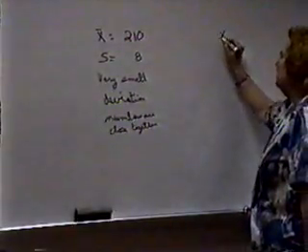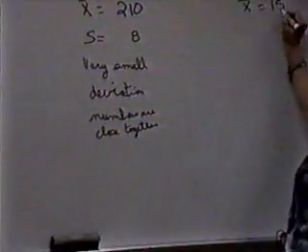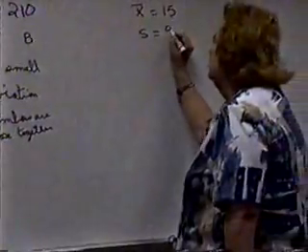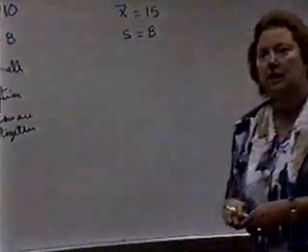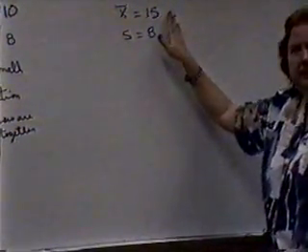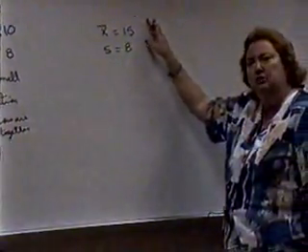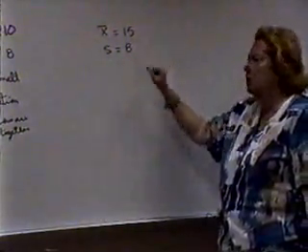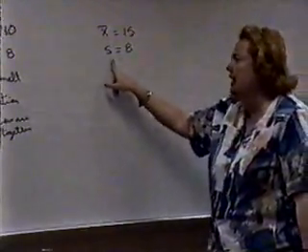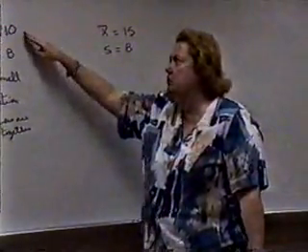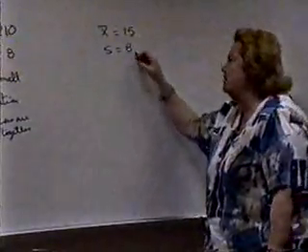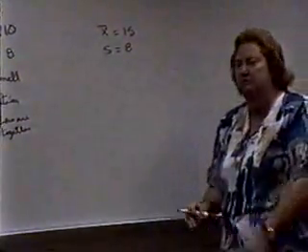But if I had a mean of 15 and a standard deviation of 8, if your average is 15 and the numbers are 8 away from it, that is a large deviation from 15. So the same standard deviation 8 is small when you compare it to 210, but it's large if you compare it to 15.